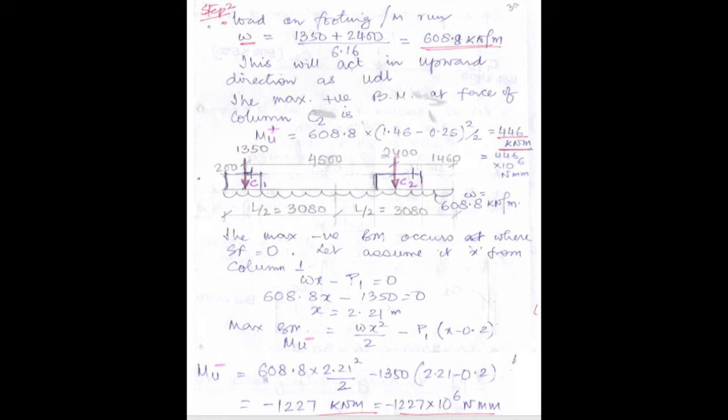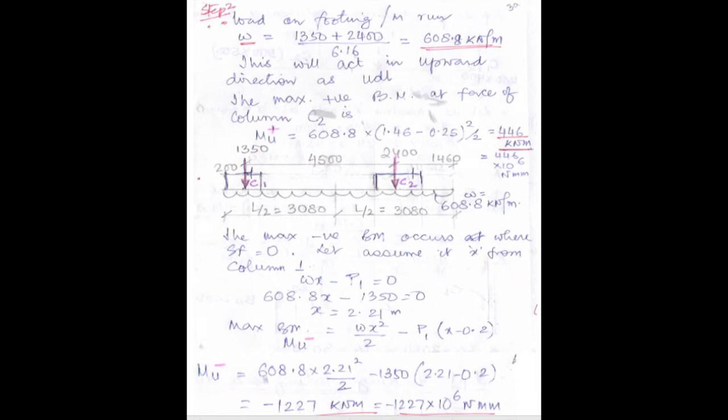So 608.8, that is W. What will be the length? Length will be, total is 1.460, that is from the center line of the column C2 till the end of the right hand side of the footing. Total length is 6160. From there we can get this value, 1460. That is 1.46 meter.